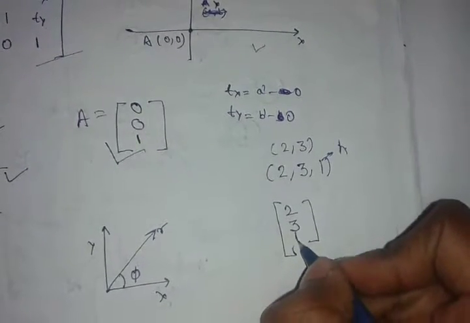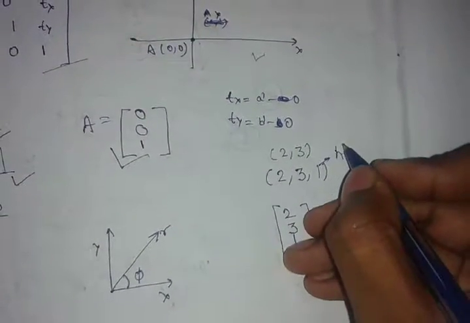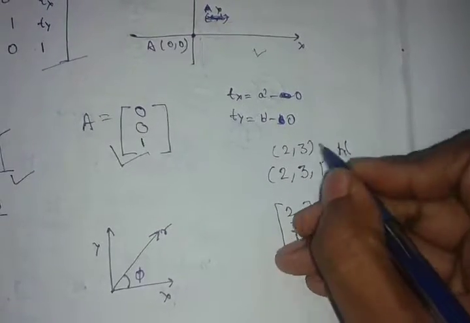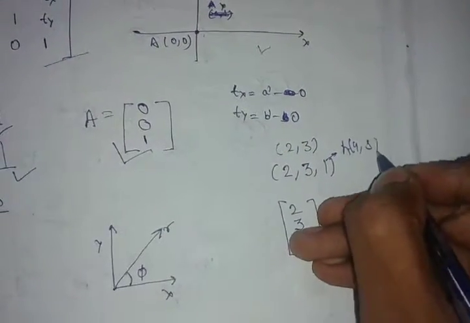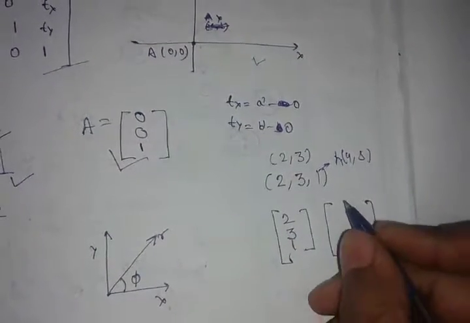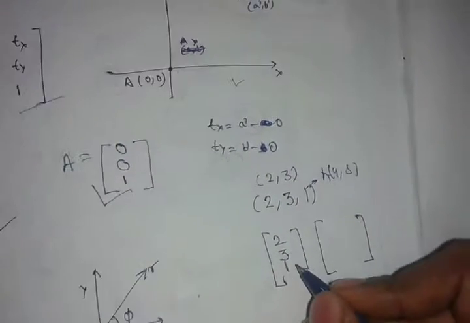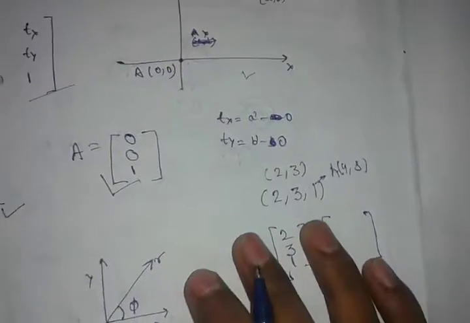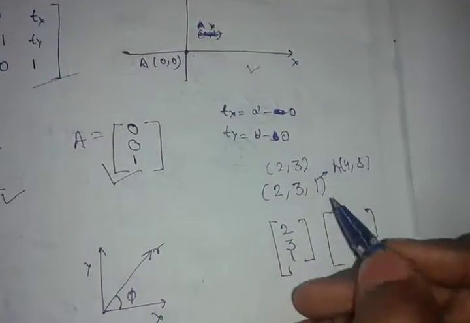and the third is 1. Okay, if we have 2 points, like a line with 2, 3 and 4, 5, then we draw a matrix in which we take 2 columns. The rows will always be 3, but the columns will be 2.